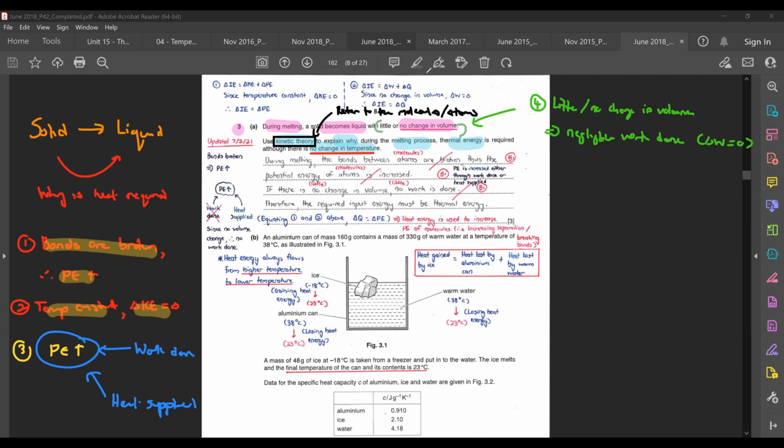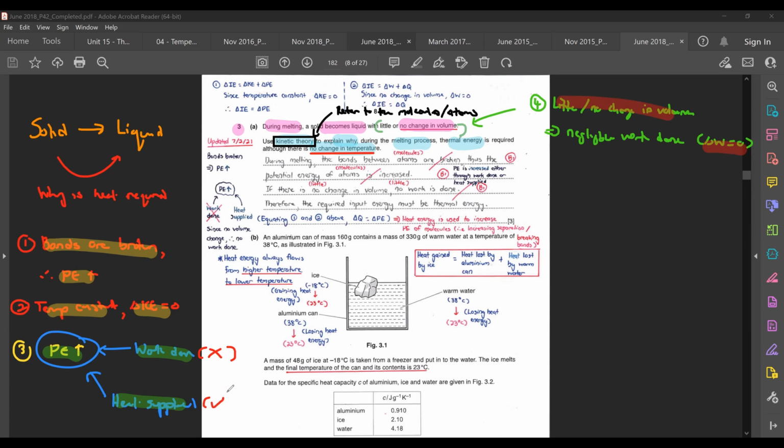Okay, so now if you refer to point number 3 here, just now I at least said to you that your PE increase must either come from work having been done on the system or heat supplied to the system. But here, because they told you that there's little to no change in volume, it already tells you work done is 0. So your PE increase cannot have come from work done.